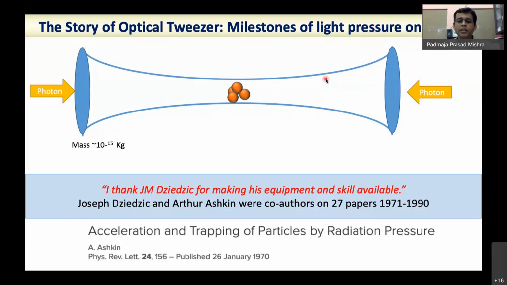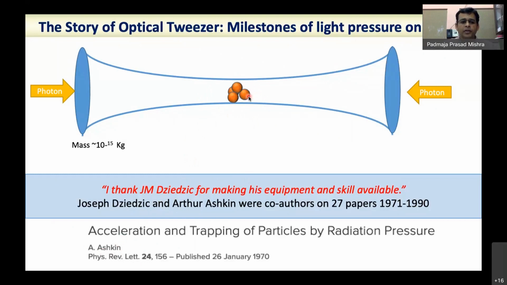But what is not explained, so he published this article after trapping these objects, in Physical Review Letters. Arthur Ashkin is the only author there, but he has thanked J. Dziedzic for helping him in the experiment.